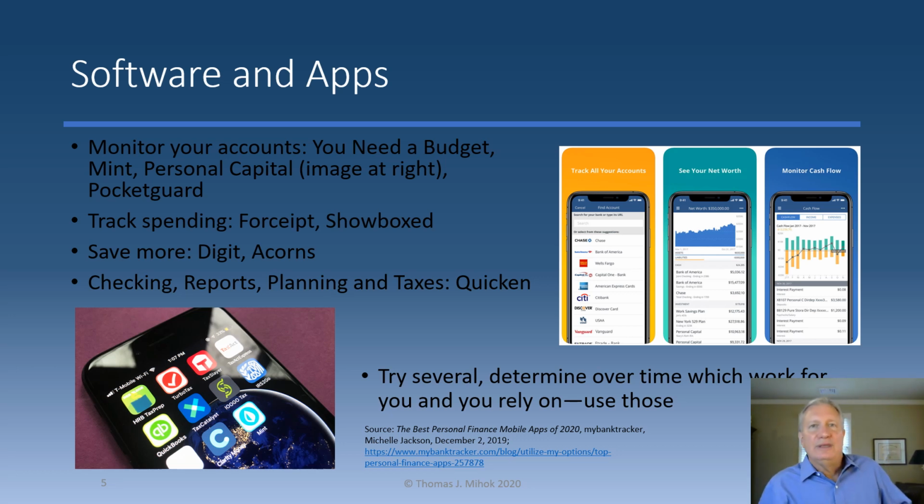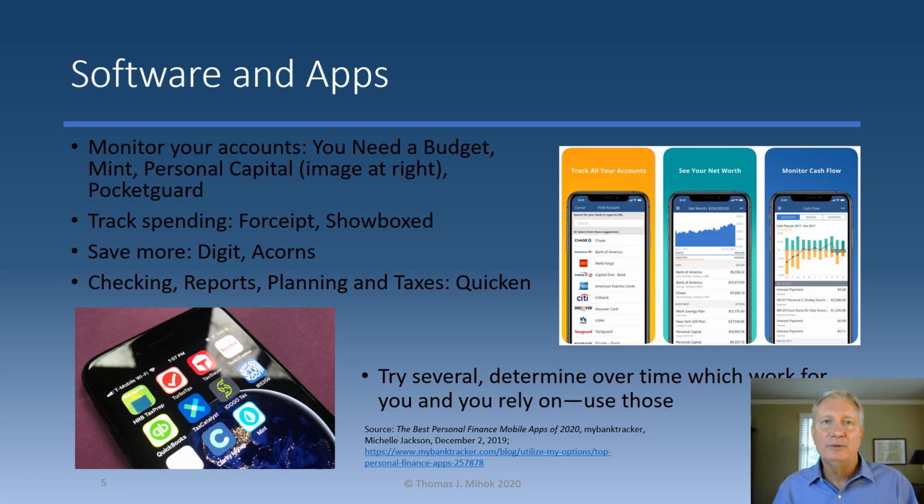One way to do this, and I'll talk in just a moment, in one of the next slides, about methods of keeping these records. But certainly software and apps are a great way to do it. To monitor accounts, you might use You Need a Budget, Mint, Personal Capital. The image at the right showing these 3 iPhones is an example of screenshots of Personal Capital.